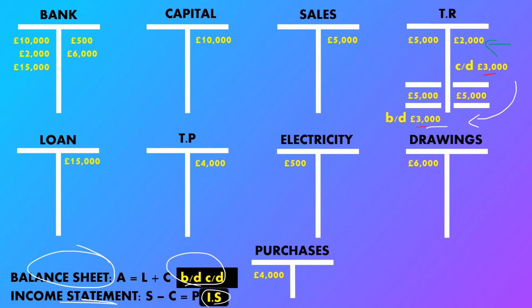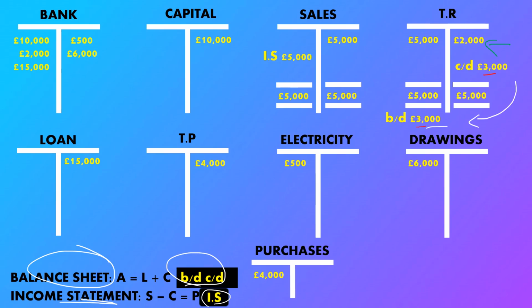For the income statement, let's look at the sales account. The highest number in total is £5,000, so we put £5,000 as total for both sides. For the left side, to total £5,000, we must put £5,000 for that T account to balance, and that £5,000 will go to the income statement as it relates to a current period.